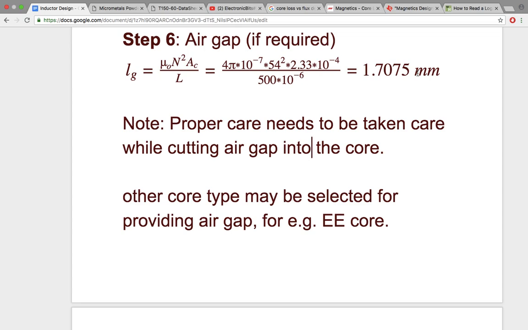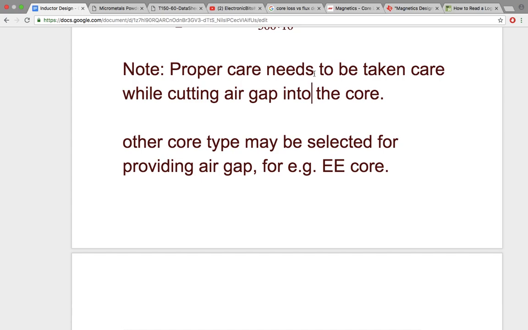If you start cutting with your hacksaw blade or some other blades, you know what will happen, you'll end up with some error. So in a toroidal core, generally it's better to choose it only when the air gap is not needed. If people feel they are going to have a big air gap and it's difficult in toroidal, you can choose other cores like double E core, ETD core, EI core.